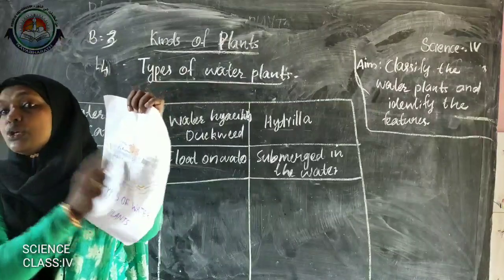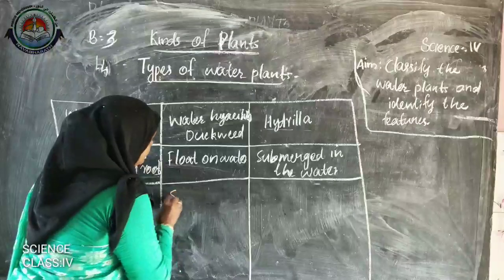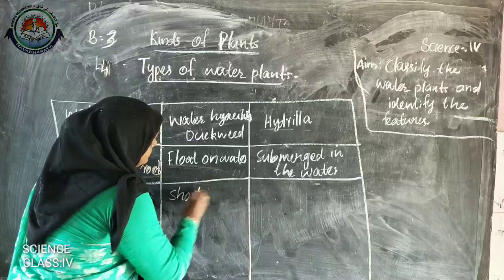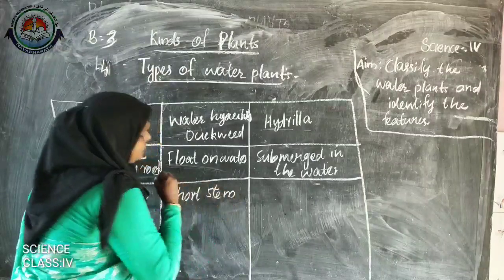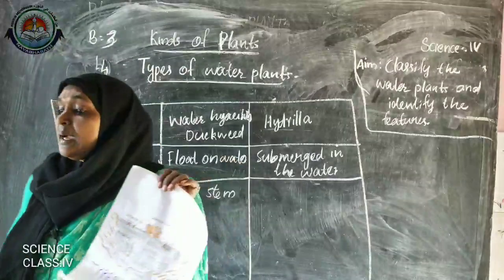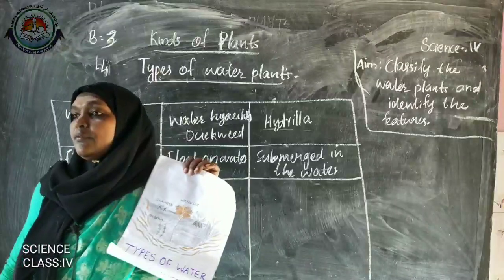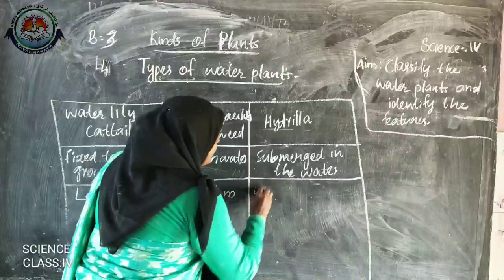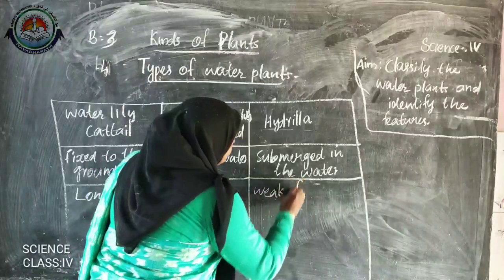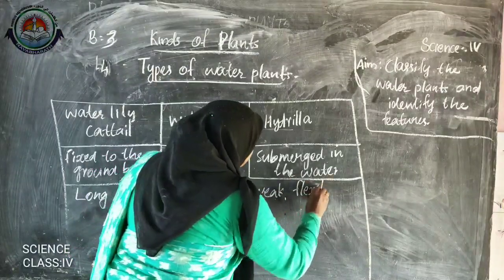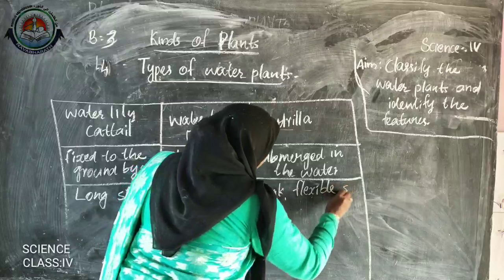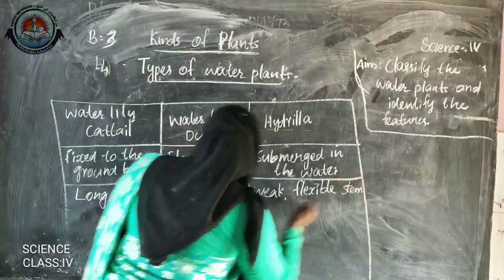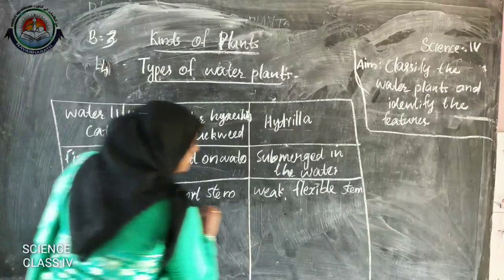They have a short stem. Then what about hydrilla? Weak stem. Flexible and weak stem.